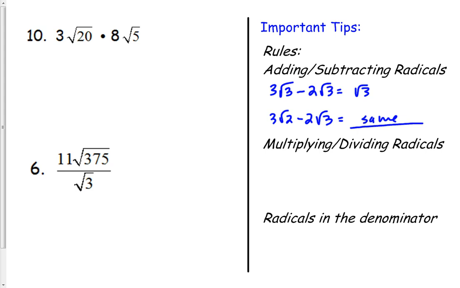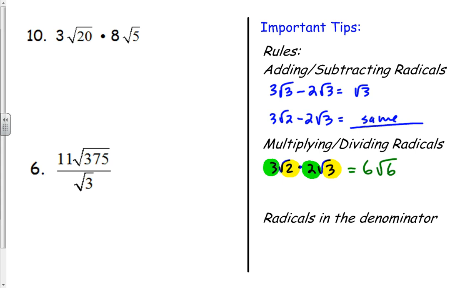Multiplying and dividing radicals is a little bit different. When you multiply radicals, say 3 root 2 times 2 root 3, that might be a bad example, but basically what I do is I multiply the parts outside, and I get 6, and then I multiply the parts inside, once again getting 6, but I keep it under the radical.